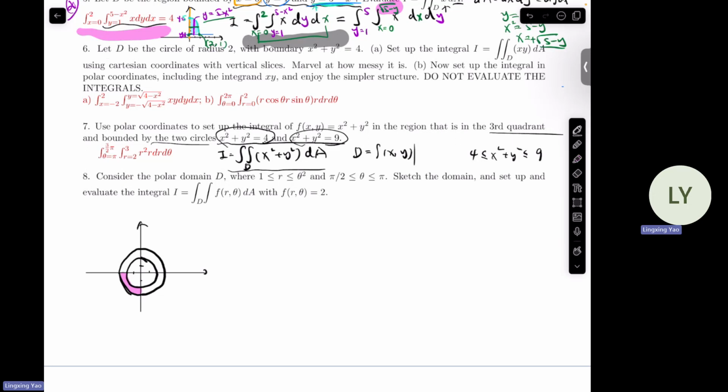So we now know the x and y description for the domain should have x squared plus y squared between 4 and 9. Why that?